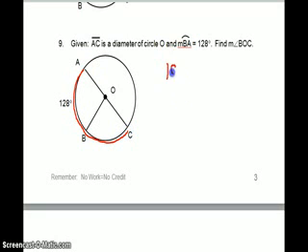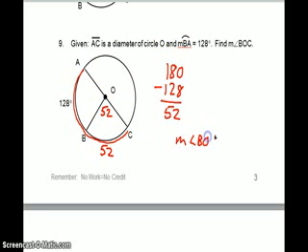So if we do 180 minus 128 this time, that gives us 52 for this arc. And since we know that this is the central angle, these angles are going to be the same, so the measure of angle BOC equals 52 degrees.